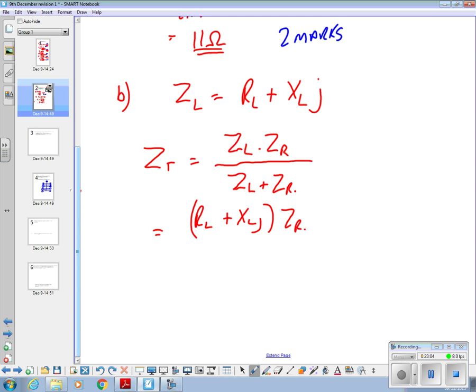And then we're going to divide that by ZL, which is RL plus XLj, plus ZR.